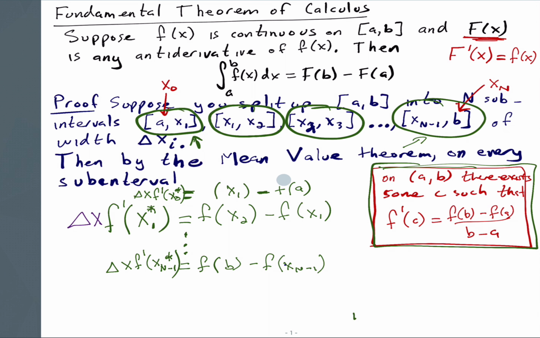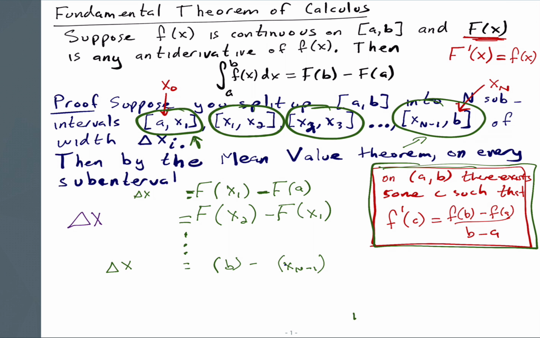Are you guys okay with me changing these little f's into big F's? And then what is the left side going to be then? So let me make this a little bit smaller. So we still have the delta x, right? Big F prime of x, yes, exactly.